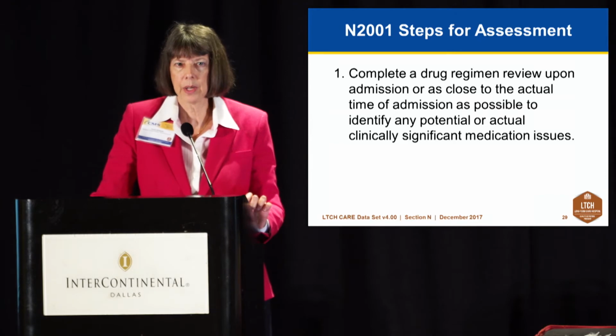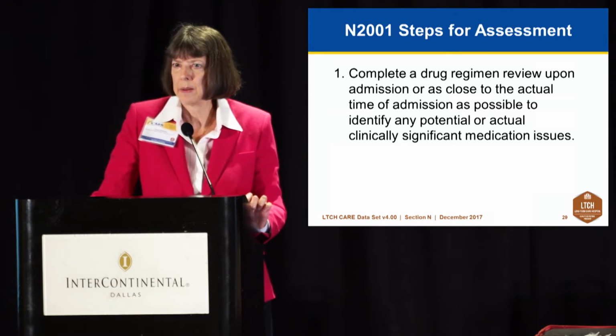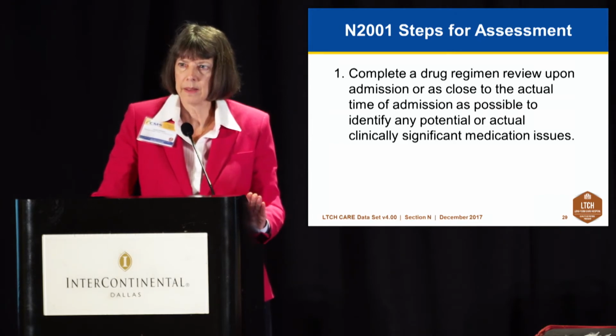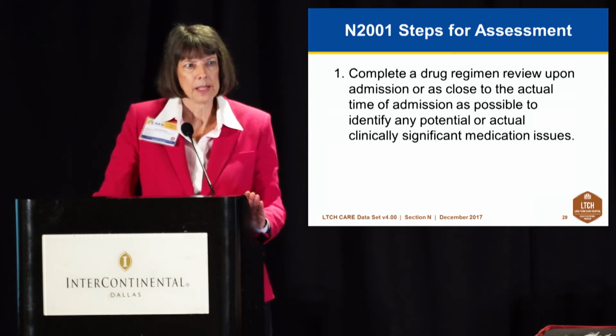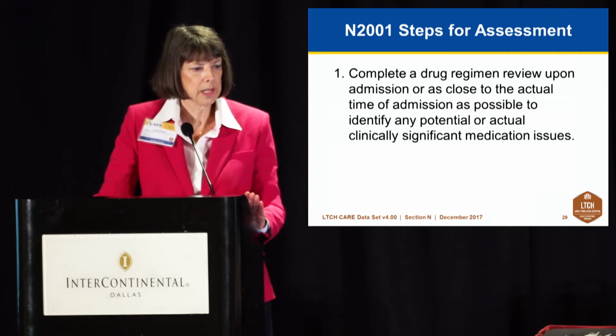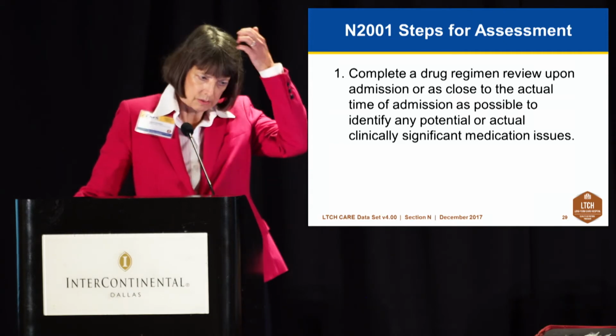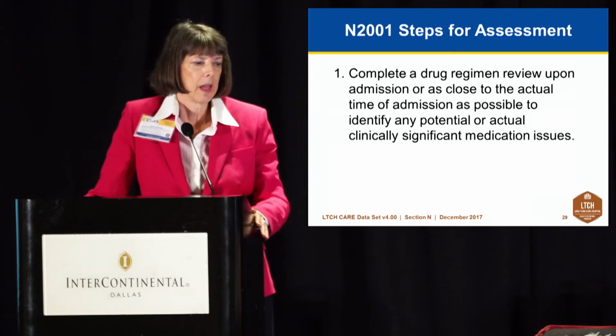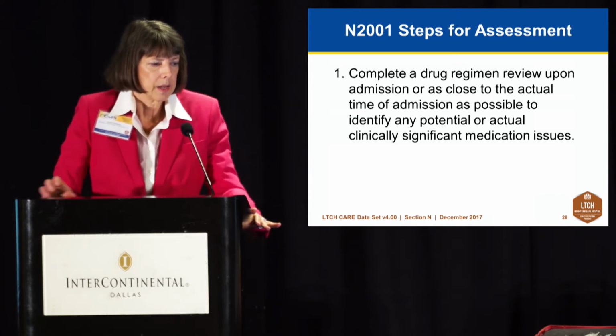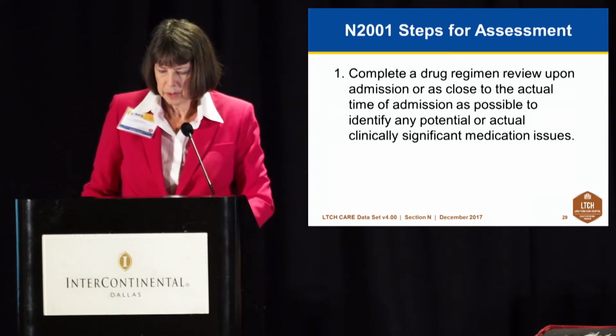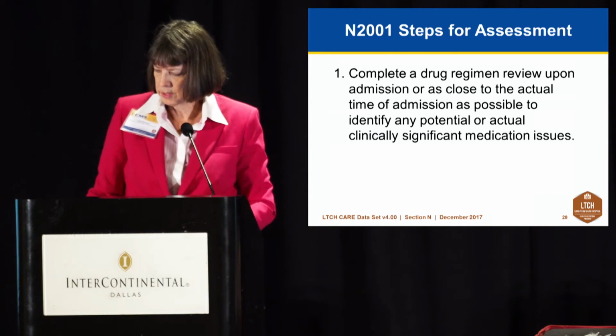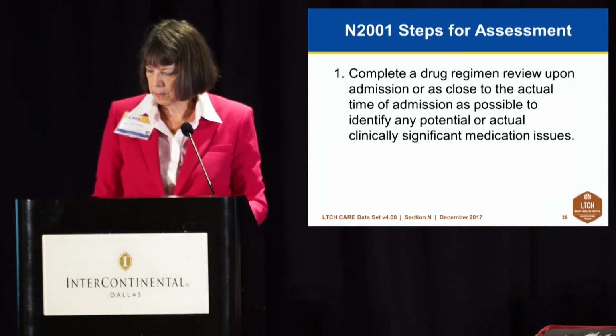Again, this is so critical with your patients being quite ill that attention needs to be taken immediately to these issues. So as close to the time that they come in is when you want to conduct this medication drug regimen review. Again, the purpose is to detect any clinically or potential clinically significant medication issues.